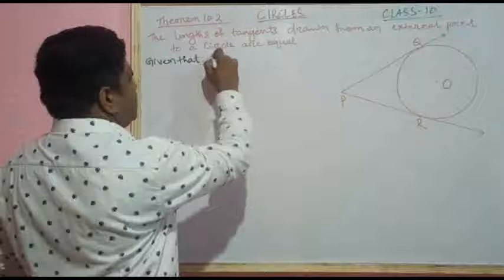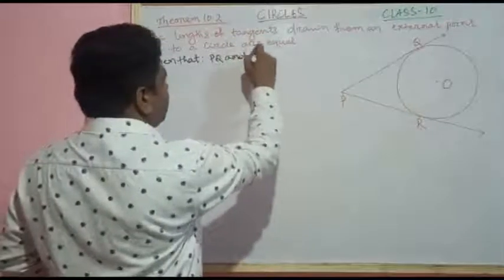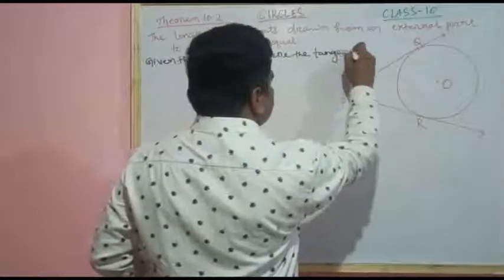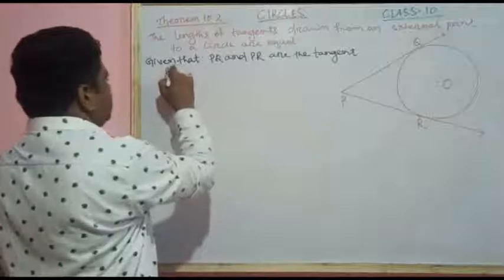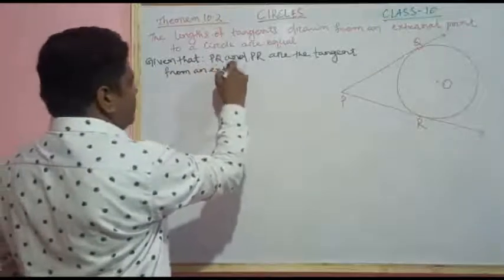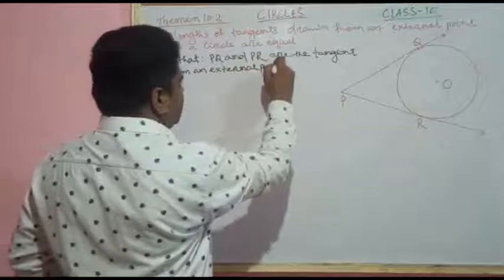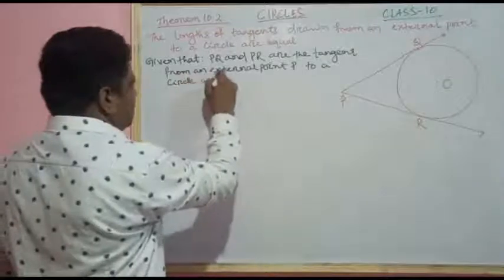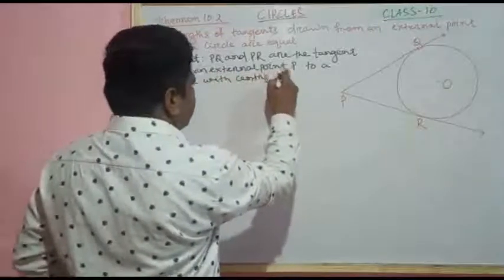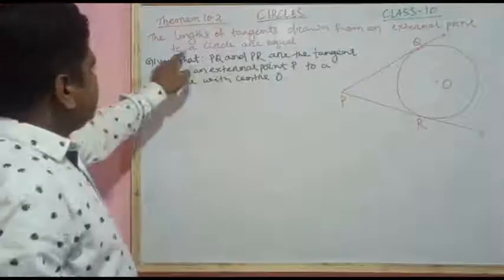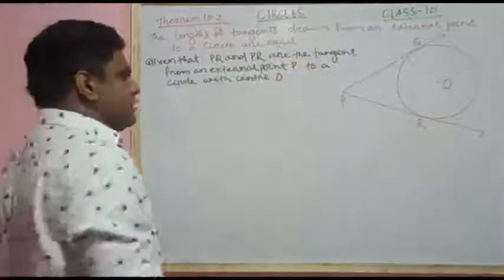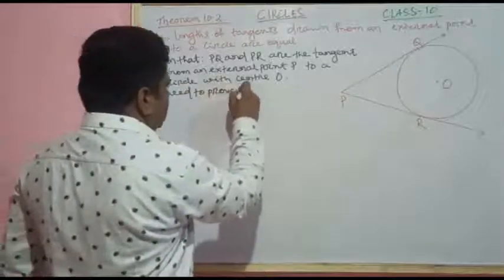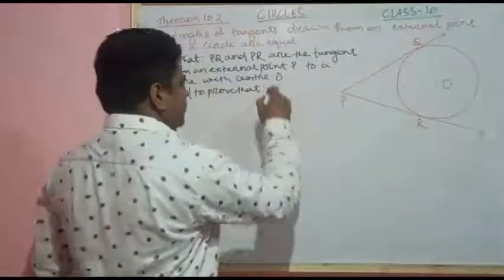Given that PQ and PR are the tangents from an external point P to a circle with center O. We need to prove that both the tangents are equal, PQ equal to PR.